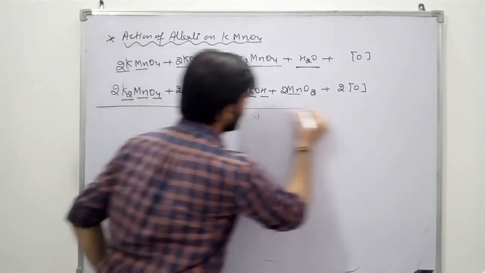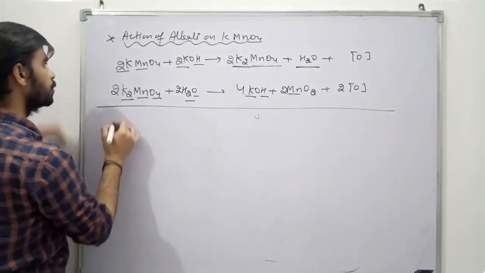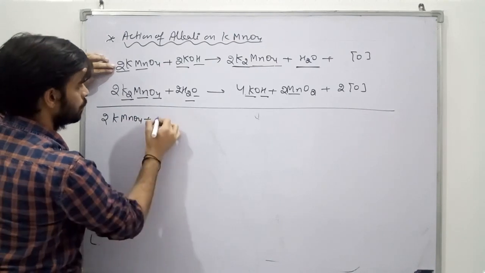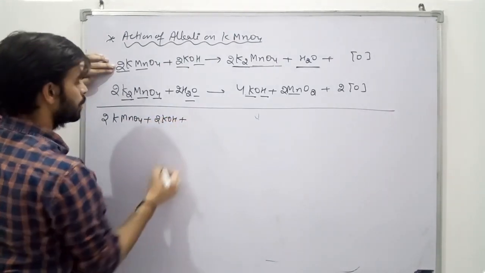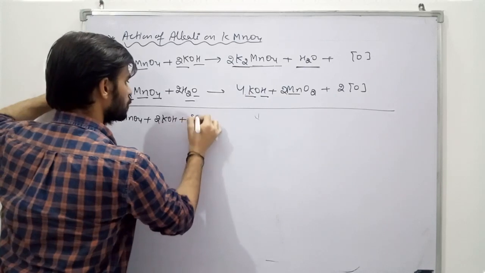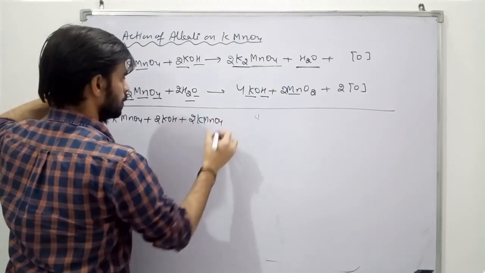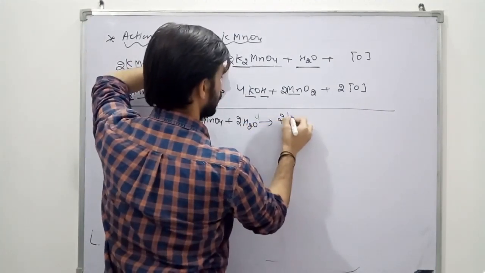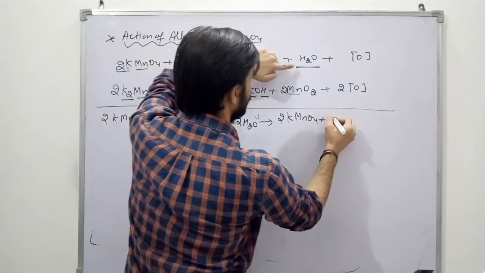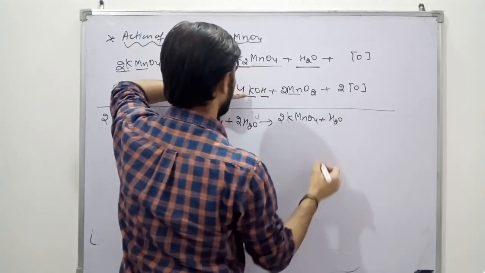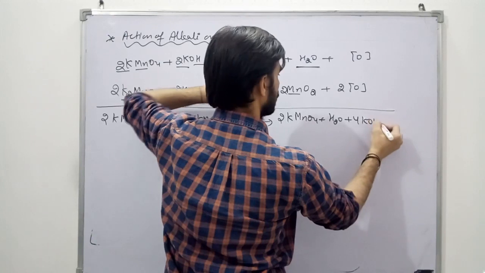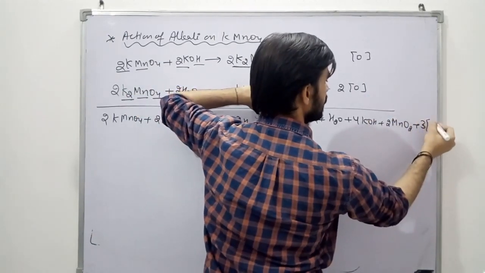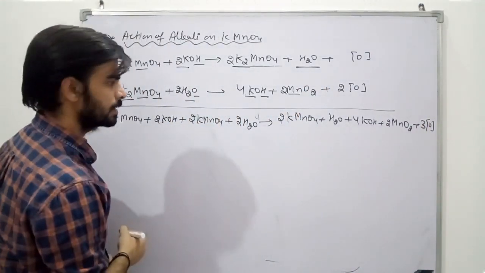Now add both equations. Then we have twice of KMnO4 plus twice of KOH plus twice of K2MnO4 plus twice of H2O gives twice of K2MnO4 plus H2O plus 4 times of KOH plus twice of manganese oxide, 2 plus 1 3 nascent oxygen. Now let's check some point.